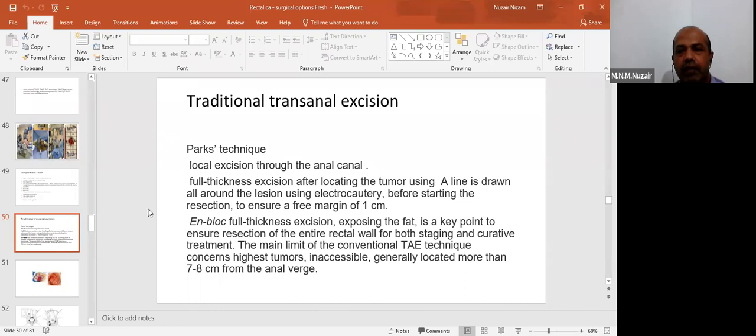But if it is lower than that, maybe 6 centimeter, we can mark the mucosa around the tumor with diathermy, and then we can even do a full thickness resection and then suture the bowel wall. But the problem may be that we may not be able to excise the tumor en bloc. There's a high chance that we might fragment the tumor.